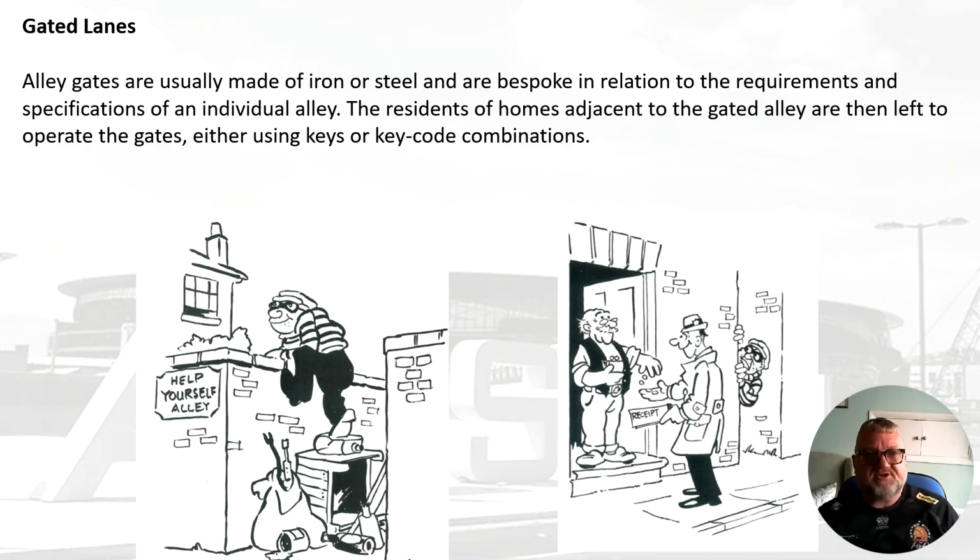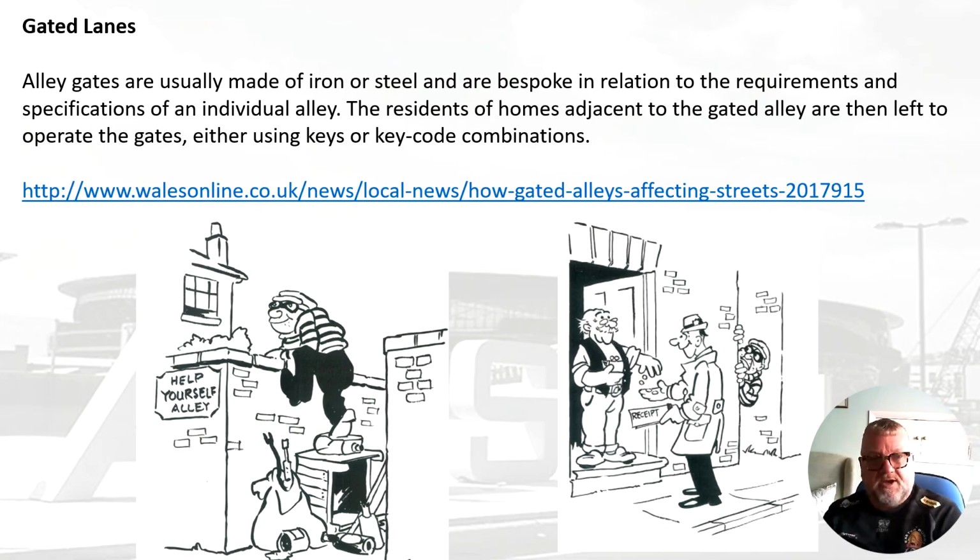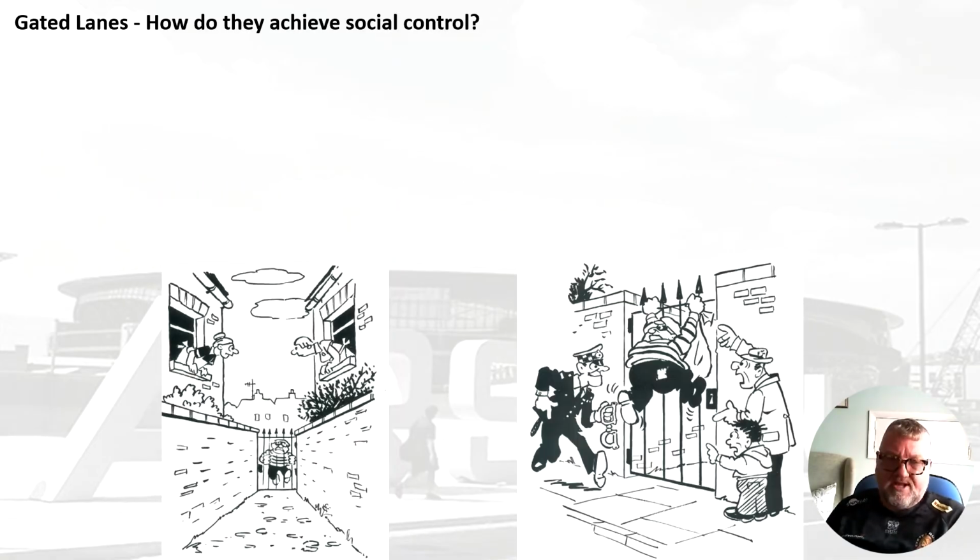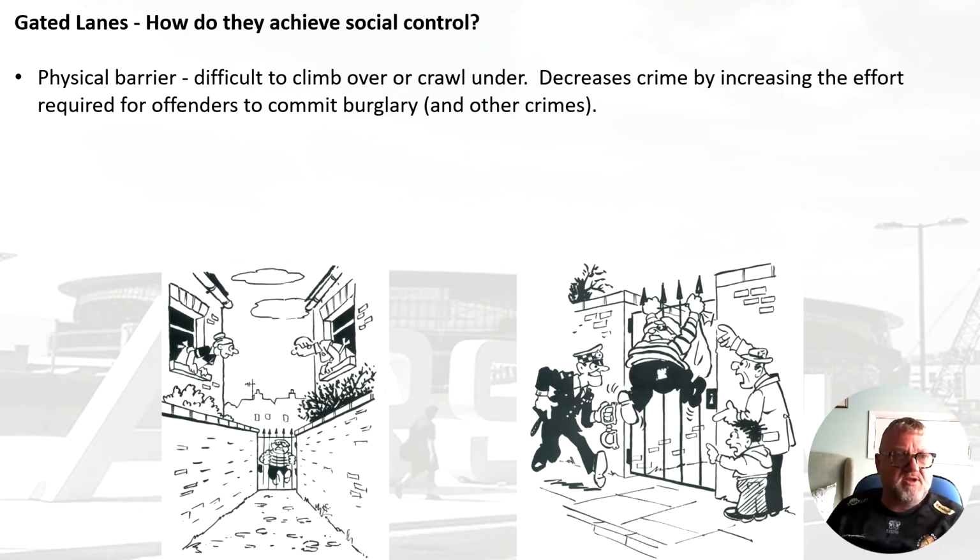And the residents of the homes adjacent to the gated alley are then left to operate the gates either using keys or a key code combination. And you can have a look at that article there about how gated alleys have affected the streets in Wales, if you wish to. So how do gated lanes achieve social control? Well, the answer is they act as a physical barrier.